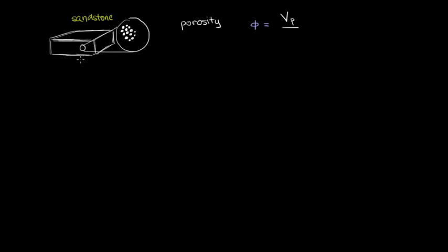I'll write that as V sub B. This is the definition for porosity, or perhaps it's a definition. I think there's others, but for now this is sufficient for us.